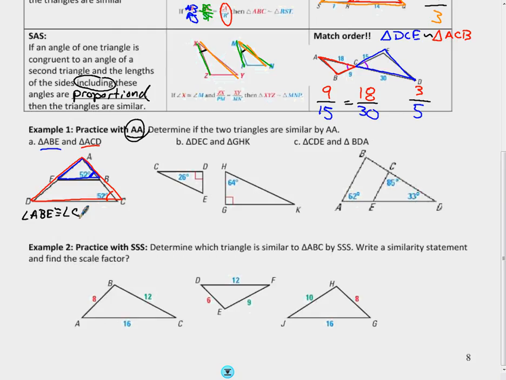A. Since they both lie on A, they both have an A in them, then most likely they're going to be congruent angles. Angle A is congruent to angle A. Now why can I say that angle A is congruent to angle A? I can say that by the reflexive property.